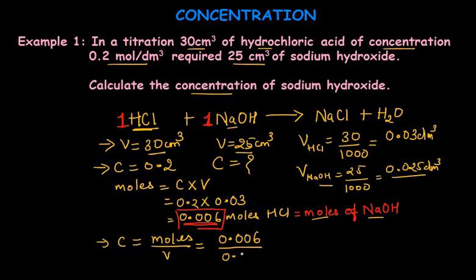So let's divide it, which gives us the concentration of 0.24 moles per dm cube. So the concentration of sodium hydroxide is 0.24 moles per dm cube.